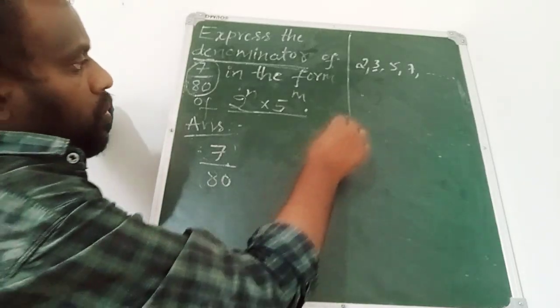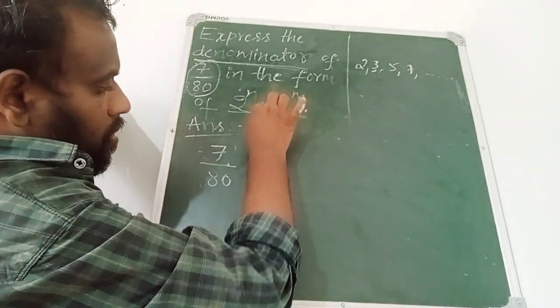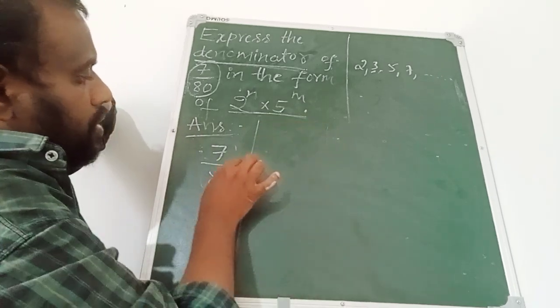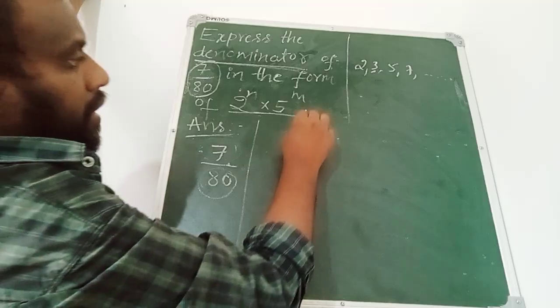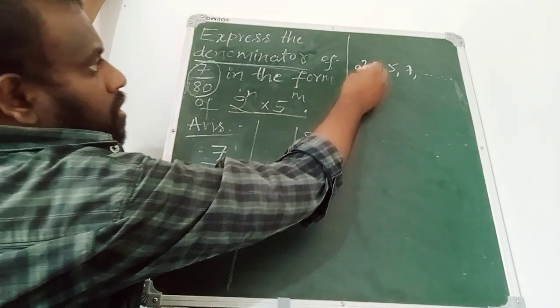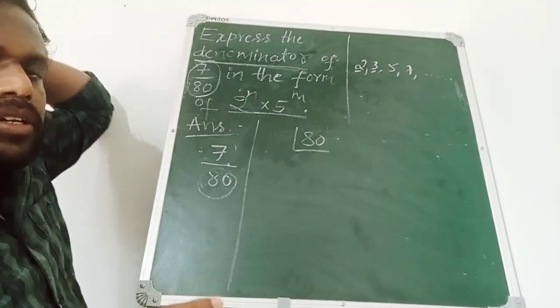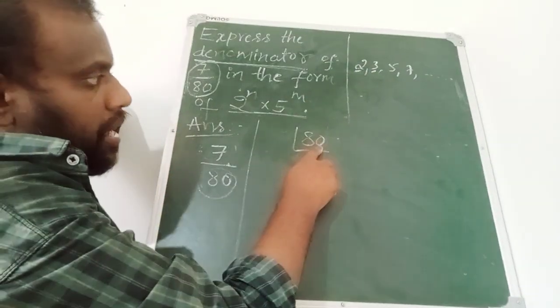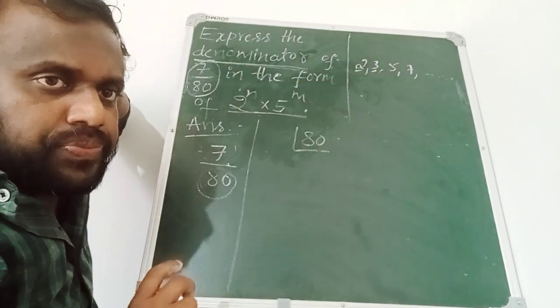So first what do you do? Take this denominator 80 and write like this. Now consider the first prime number, 2. Check whether 80 is completely divisible by 2 or not.